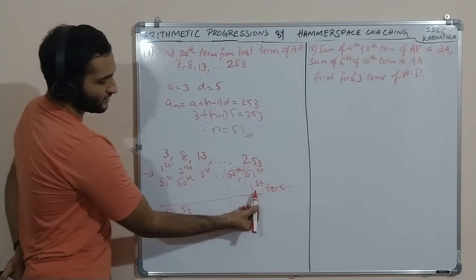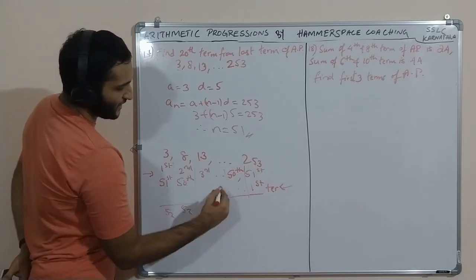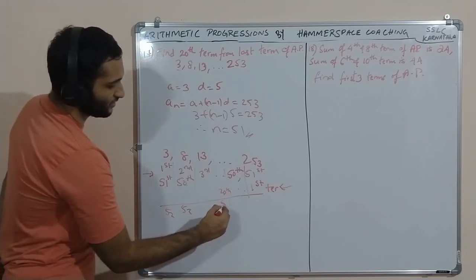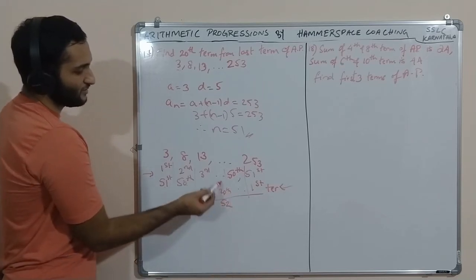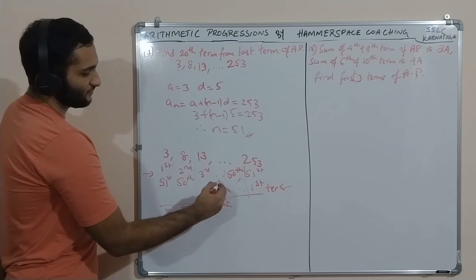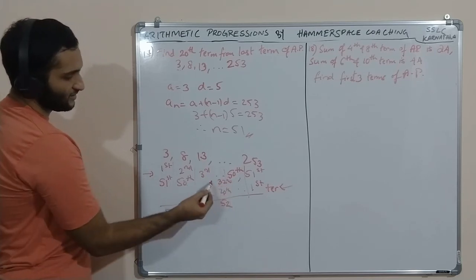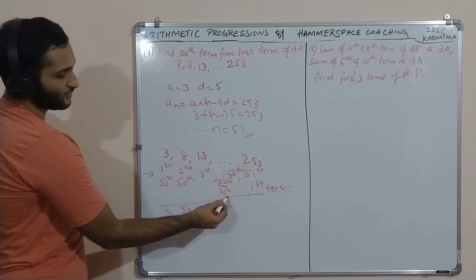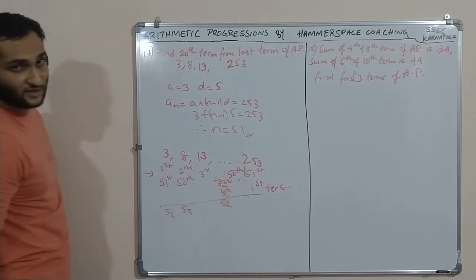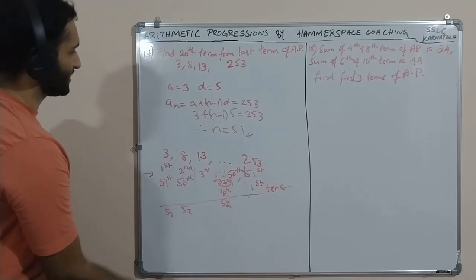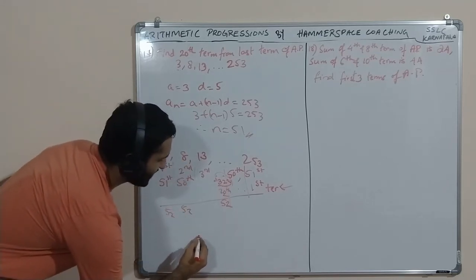So if you want the 20th term from last, this will also be 52. So the 20th term from last will be the 32nd from first. Let us find the 32nd term of the AP.